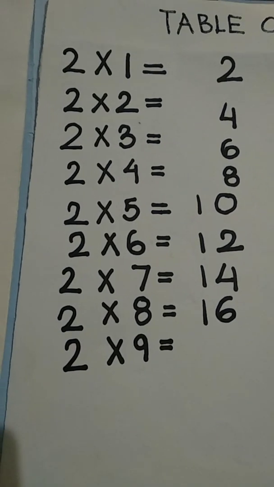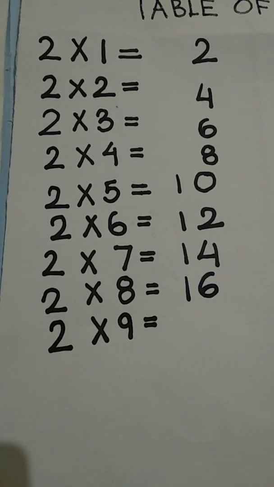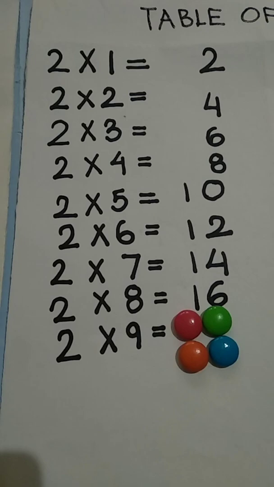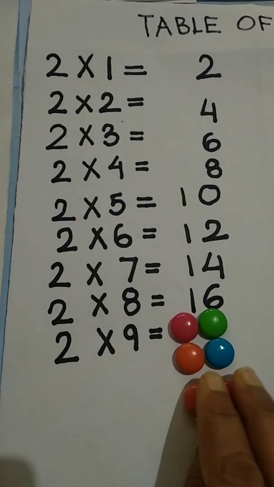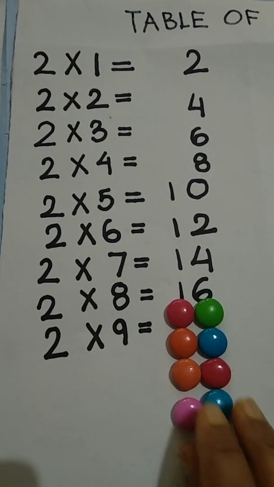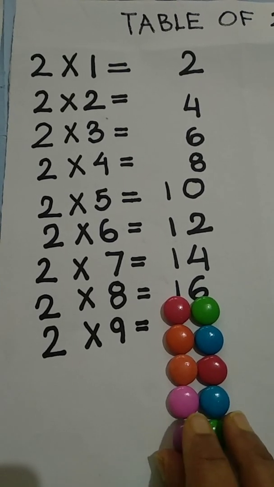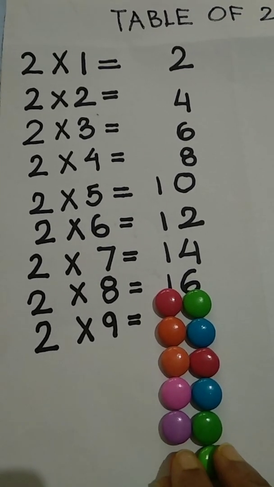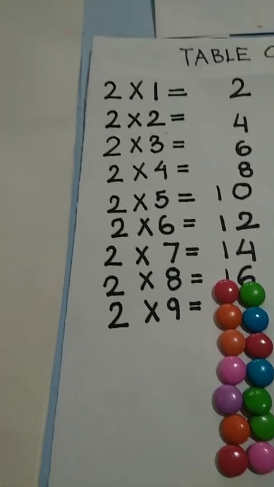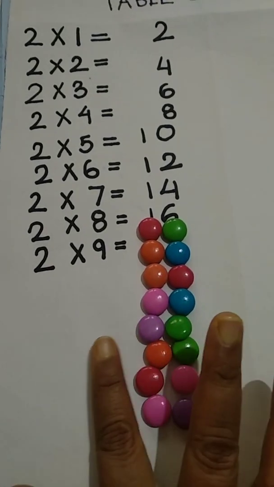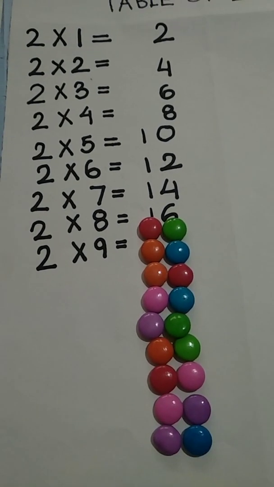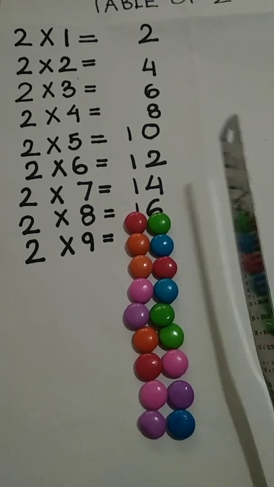Let us see how much do we get when we put 2 together 9 times. 1 times 2, 2 times 2, 3 times 2, 4 times 2, 5 times 2, 6 times 2, 7 times 2, 8 times 2, and 9 times 2.